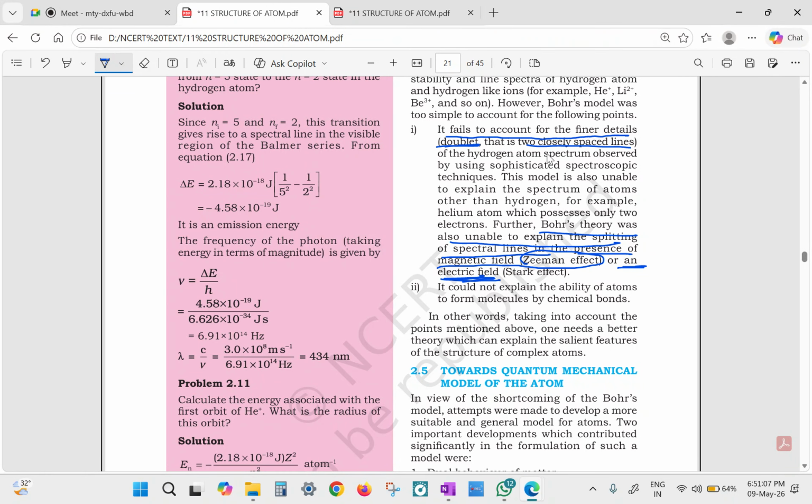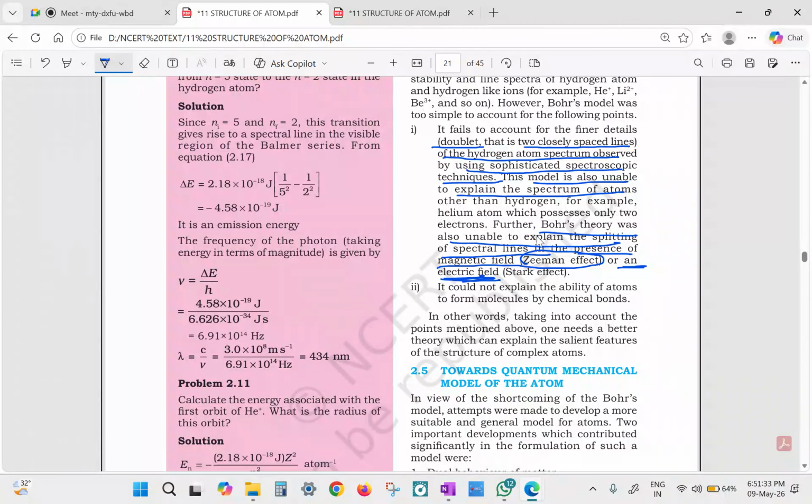Are you able to understand this doublet? In the spectrum, sometimes there occurred doublets, two closely spaced lines of the hydrogen atom, using sophisticated spectroscopic techniques. Bohr's model was unable to explain these closely spaced lines.